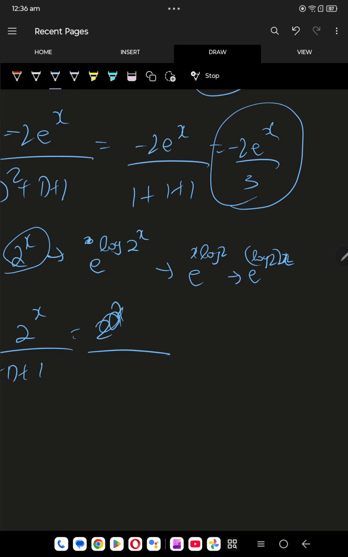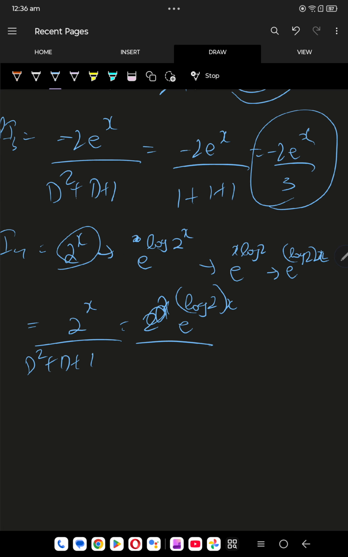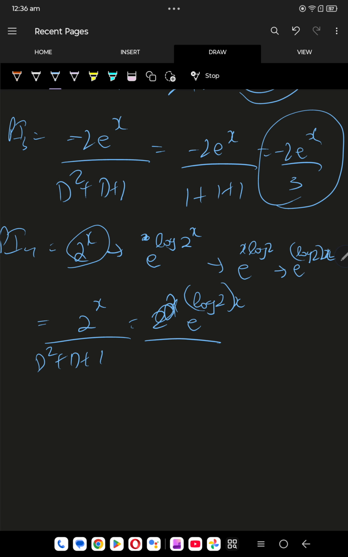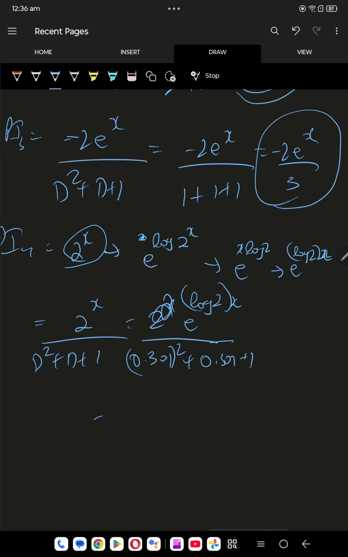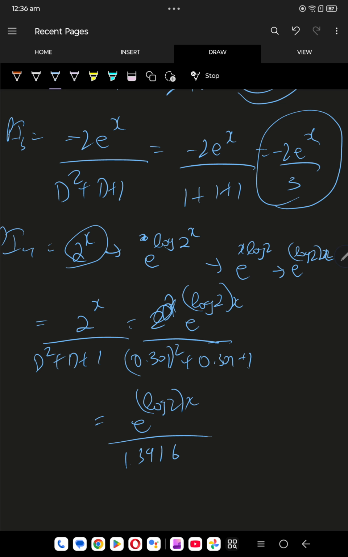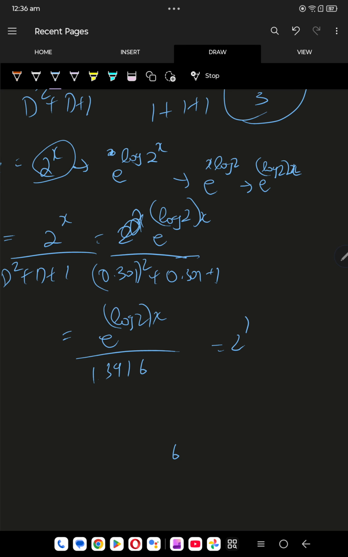So I put the log 2 value in D, using a calculator to 3 decimals: 0.301 square plus 0.301 plus 1, which is 0.301 into 0.301 plus 0.301 plus 1, that is 1.391601. So it's basically 2 power x by 1.391.